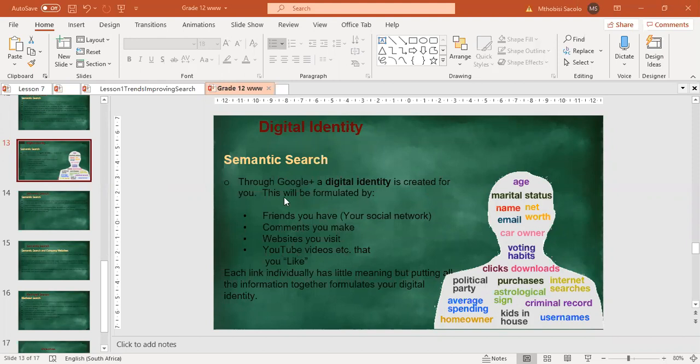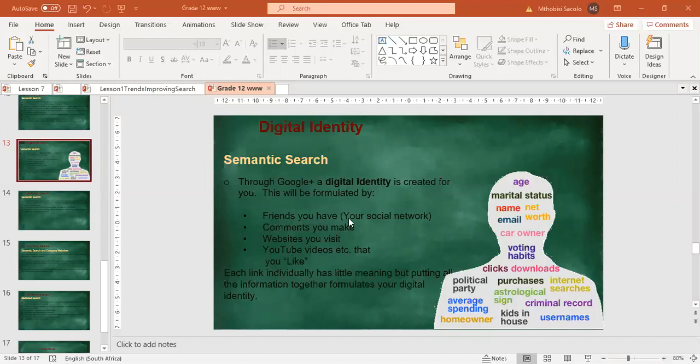So Google now is creating an identity for you based on the things that you do on the net: the comments you make, the websites you visit, the YouTube videos you watch. So maybe when you are in Google Plus, that's when you have logged in with your email to Google, or you have logged into the browser, because right now you can log in to the browser.